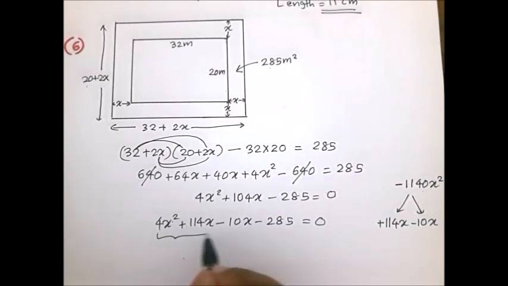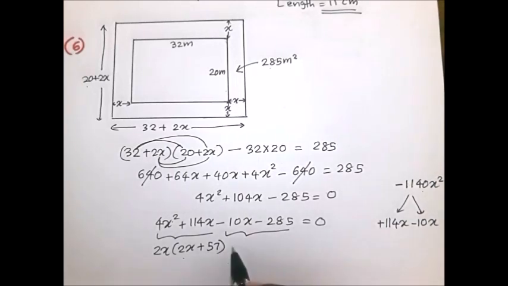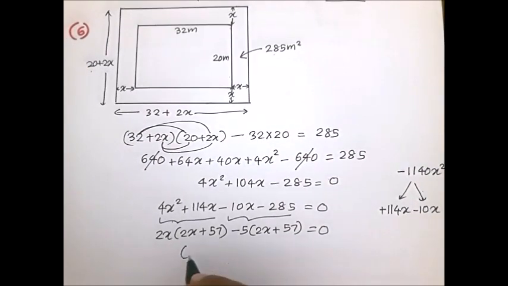Now take common terms out. It is 2x, remaining 2x plus 57. Take common terms. It is minus 5, remaining 2x plus 57. Factors are 2x plus 57 and 2x minus 5.